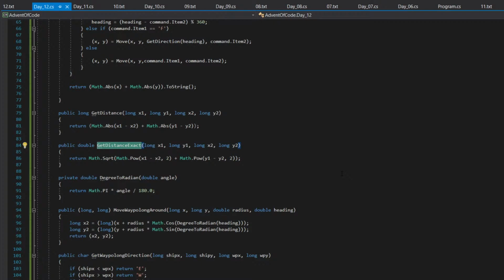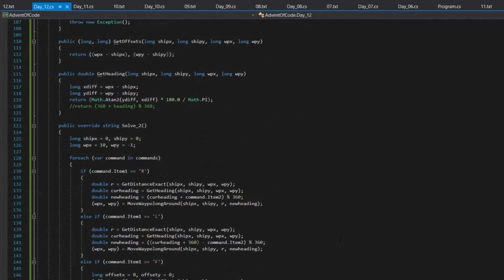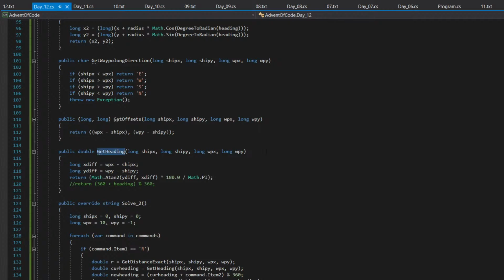We're using the exact distance and not the Manhattan distance before calculating this waypoint. And when we're getting the angle between the ship and the waypoint, our ATAN calculation needs to be Y first and then X.